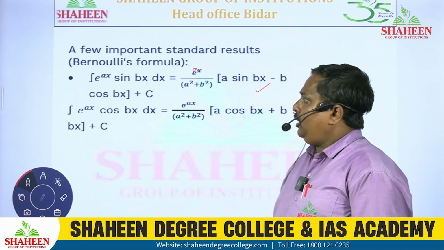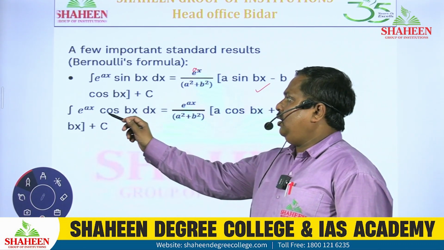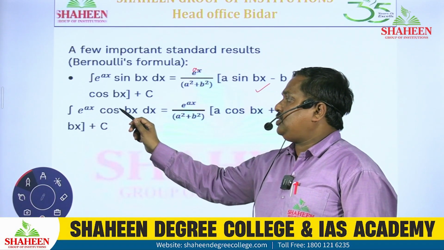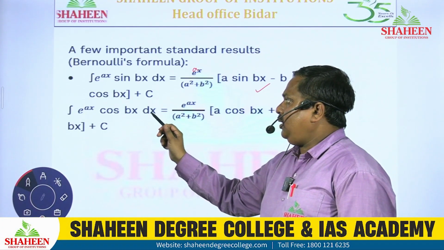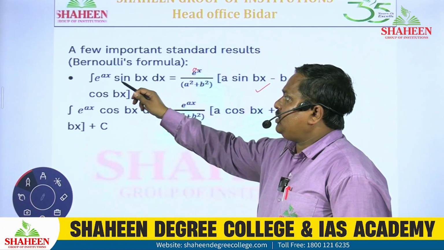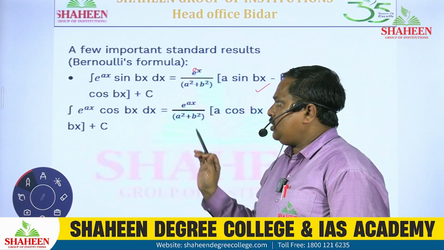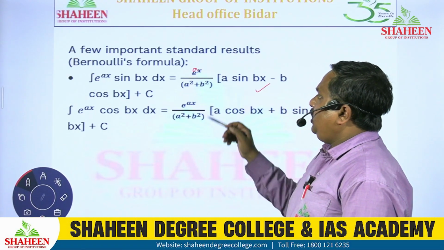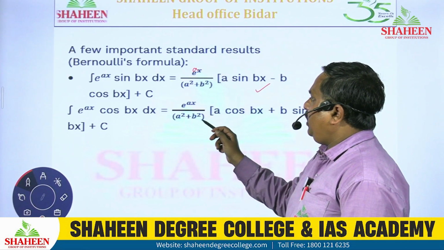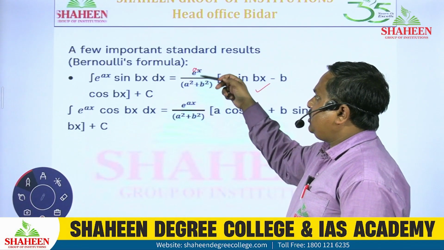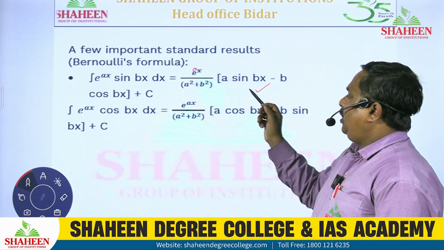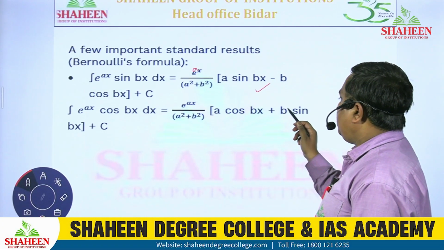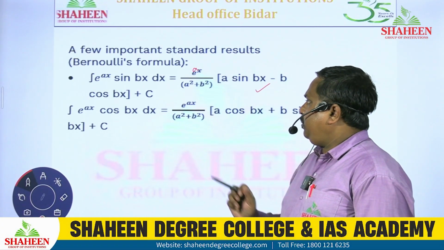Next there is one more formula, that is integration of e power ax into cos bx dx. The previous one is sin bx, this one is cos bx. The formula is e power ax divided by a square plus b square, same as the previous formula, but here we have a cos bx plus b sin bx, plus c.